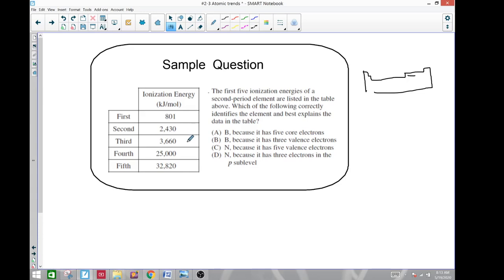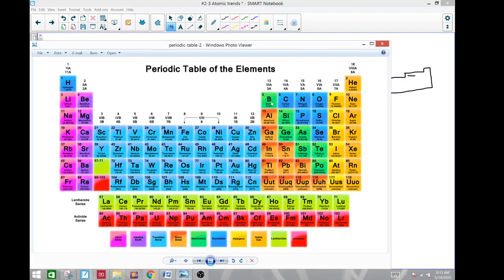So we're looking for a big, significant jump, and I see a big jump right here. It's really only asking us about 2 of these, boron and nitrogen. So we're looking at boron, which is located here, and nitrogen going here.